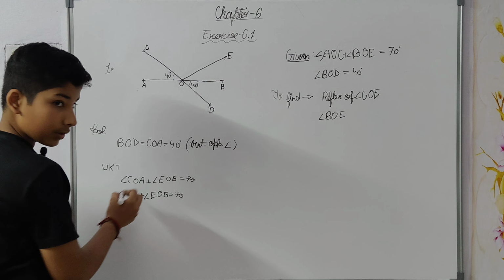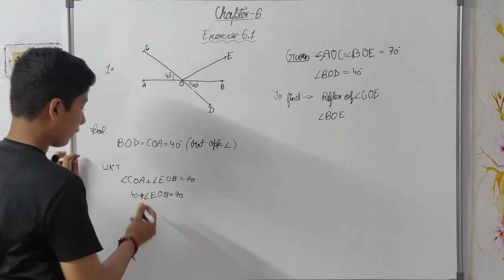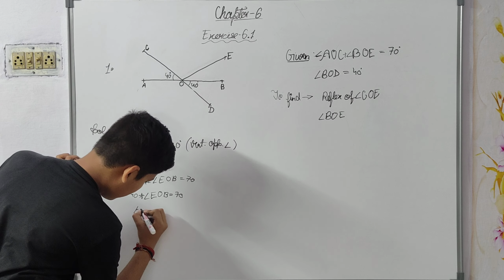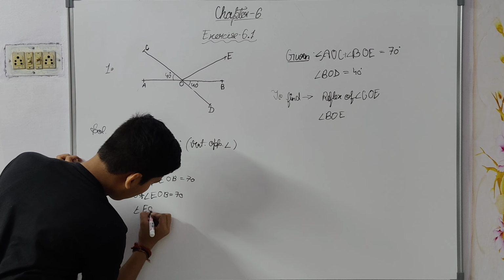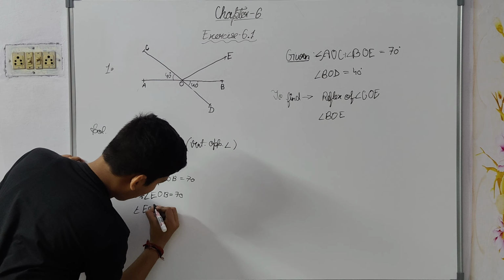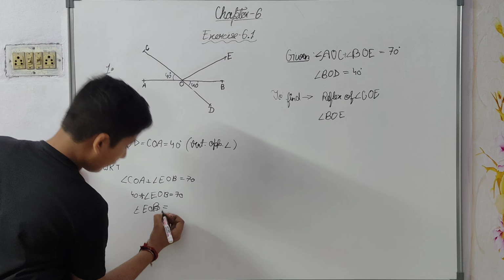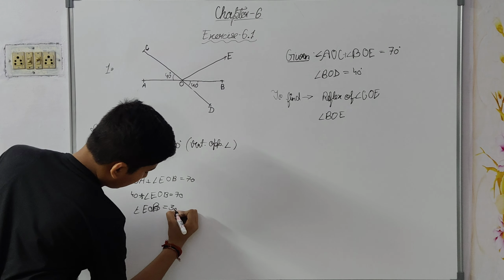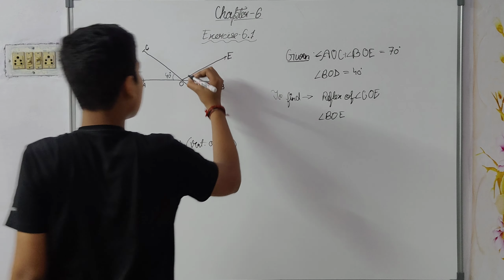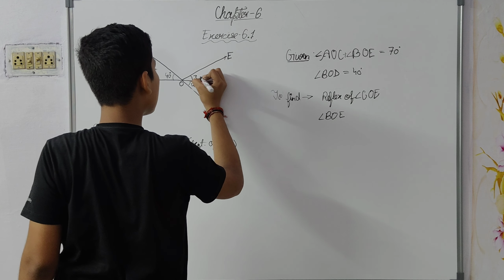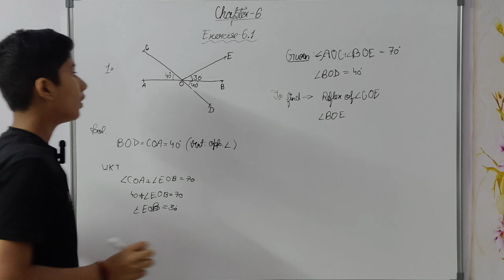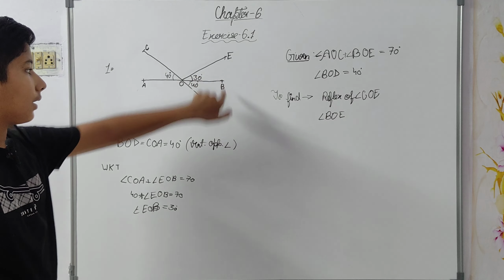So we all know that angle COA is equal to 40 degrees. So angle EOB will be equal to 30 degrees. Now this is 40, this is 30.